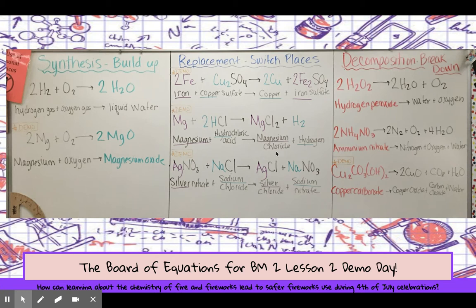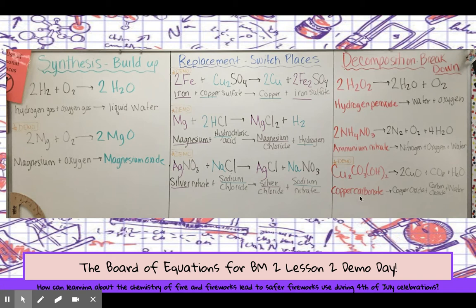Okay, I'm going to skip the middle just a second. Come over here to the decomposition. There's our peroxide one. Hydrogen peroxide breaks down into water and oxygen. Ammonium nitrate, which is a common ingredient in fertilizer, actually decomposes or breaks down into nitrogen, oxygen, and water, which is great for soil and the plants.